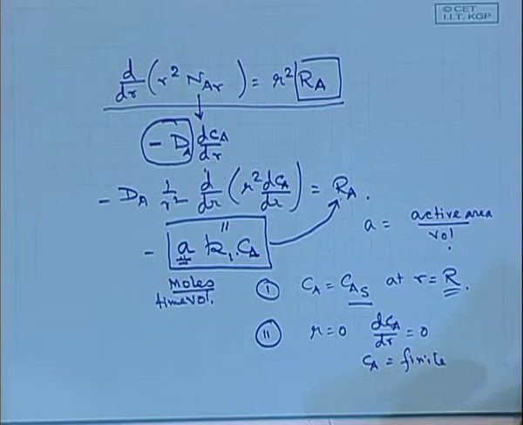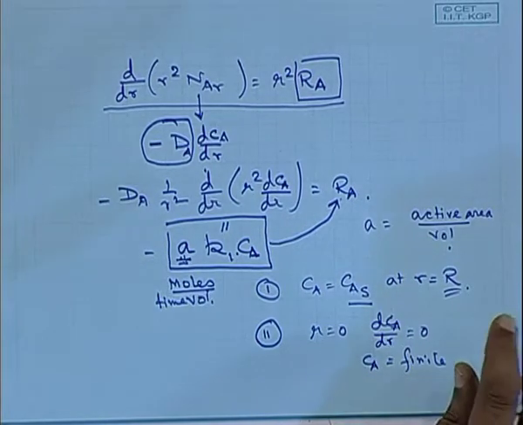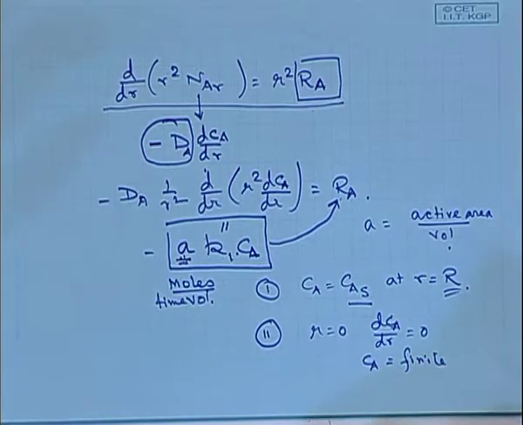What was a similar situation in heat transfer? Think of the case of the first problem, which we analyzed for heat generation in a thin wire. At the surface of the wire, the temperature could be specified, or it could have a convective condition, whereas at r equal to 0, the temperature cannot be infinite, the temperature has to be finite.